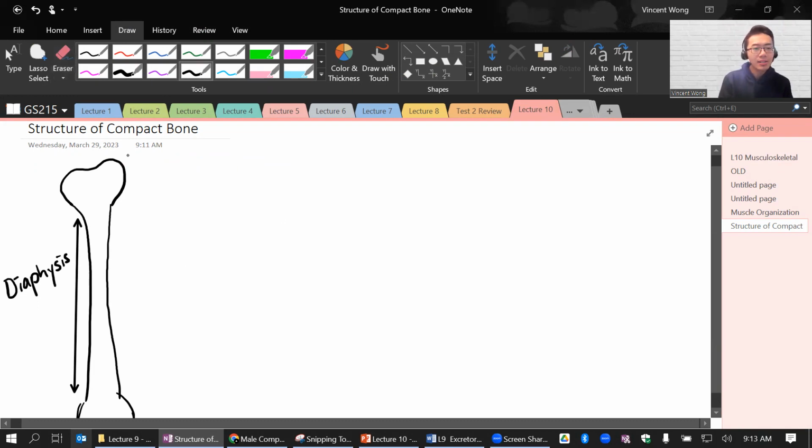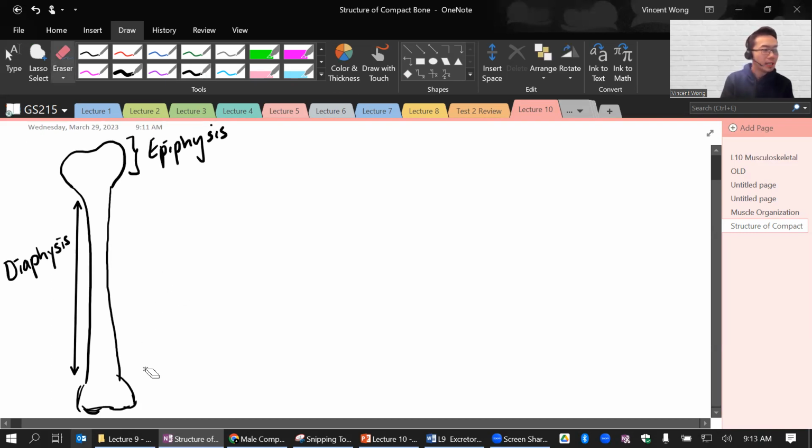And at the ends of the long bone, we have the epiphysis. Oh, it knows that one, but not the diaphysis. Weird. So here is another epiphysis.